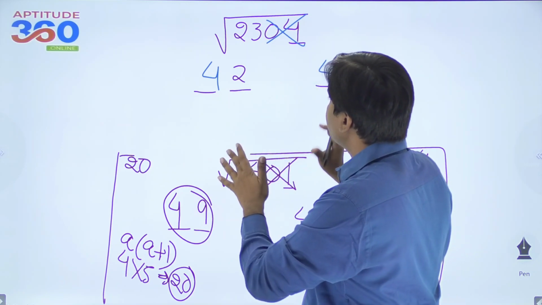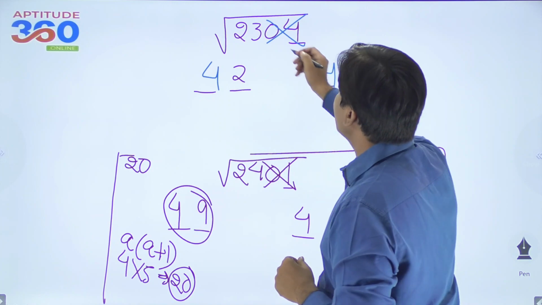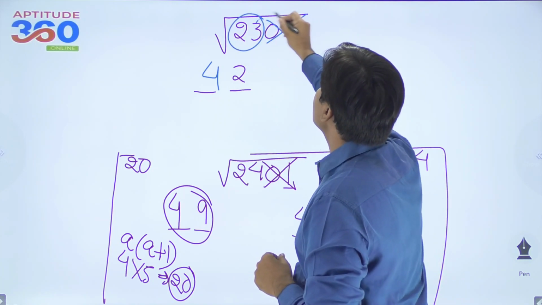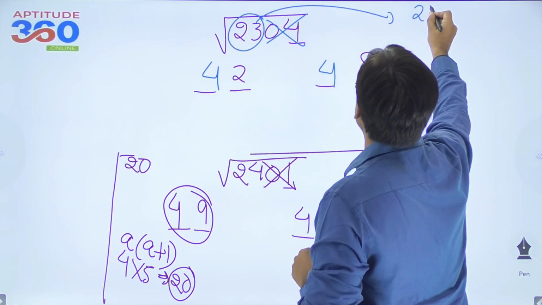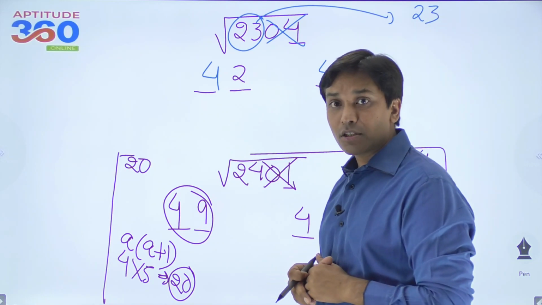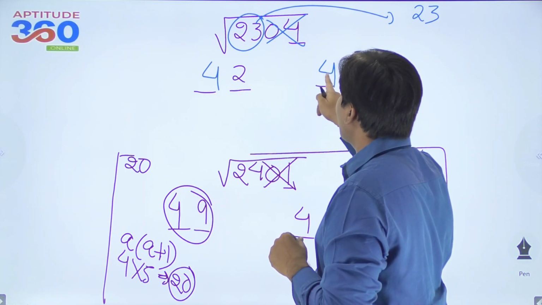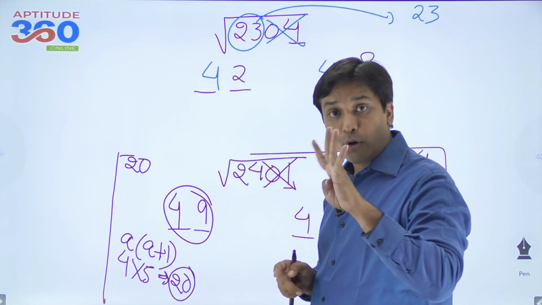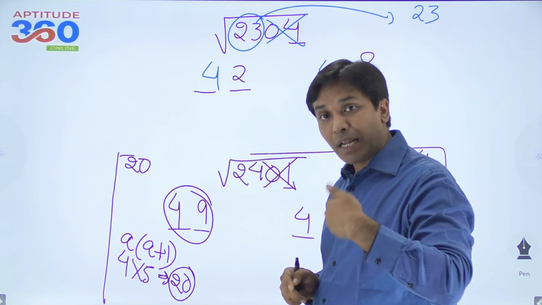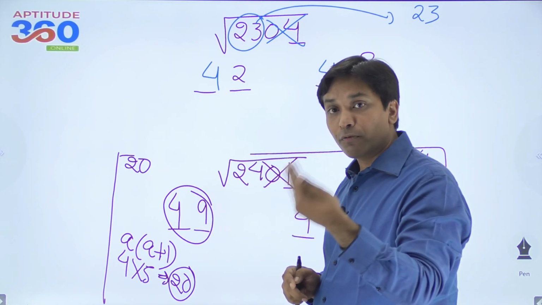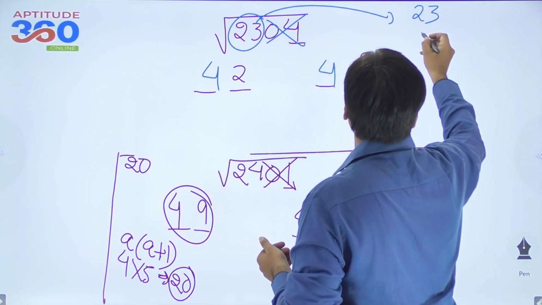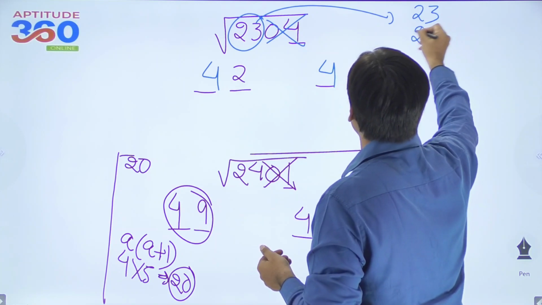Now, how to decide between 42 and 48? The number that we have here is 23. Is this okay? And the number that we will generate is, because the digit at the tens place is 4, 4 will be multiplied with one more number. So 4 into 5 will be 20.